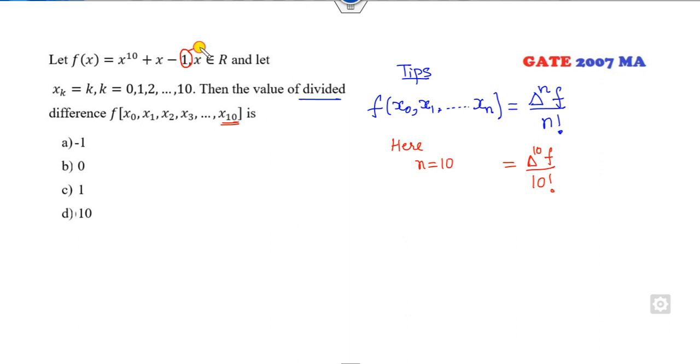What is the 10th derivative of this? 0. 10th derivative of this? 0. What is the 10th derivative of this? Fine. So we all know for a polynomial, the 10th derivative will be 10 factorial. So it is 10 factorial over 10 factorial. That's 1, the right answer. So remember, this is a simple trick, you can solve this.